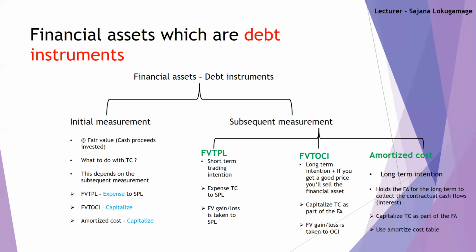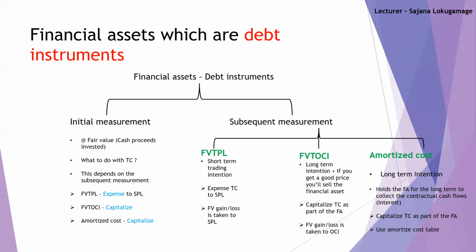Then let's move on to subsequent measurement. With regards to subsequent measurement of financial assets, which are debt instruments, you have three categories. You can go to any of the categories based on your intention. To find out what category to use, there are two types of test.